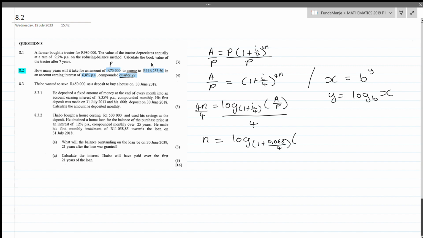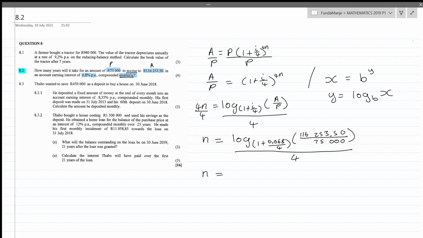And then here we put the other value, which is A over P. A is the amount that it grows to, which is 116,253.50, all over 75,000. And then don't forget to divide the entire log by 4.